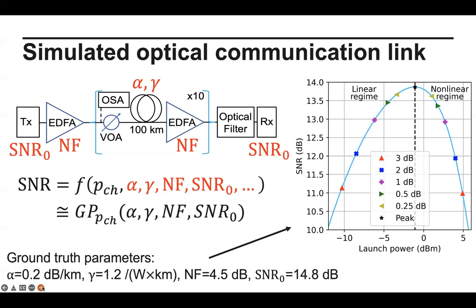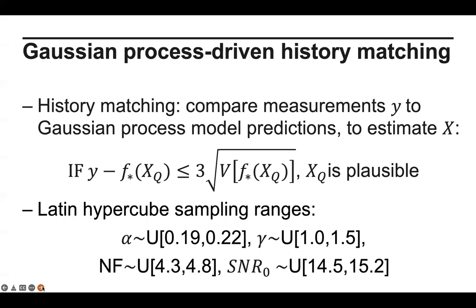during this estimation process. So Gaussian process-driven history matching involves comparing some measurements Y, which have unknown inputs X, to the predictions of a trained Gaussian process model at a set of query inputs in order to try and estimate what the set of inputs X is.